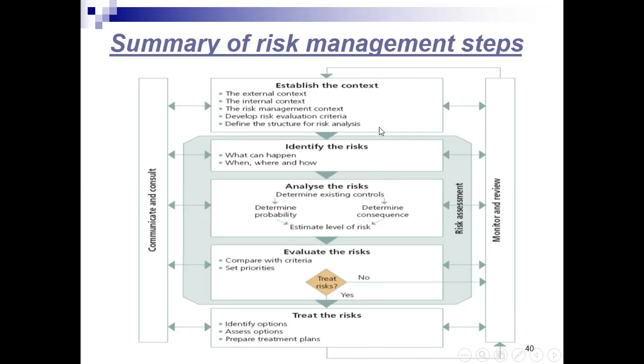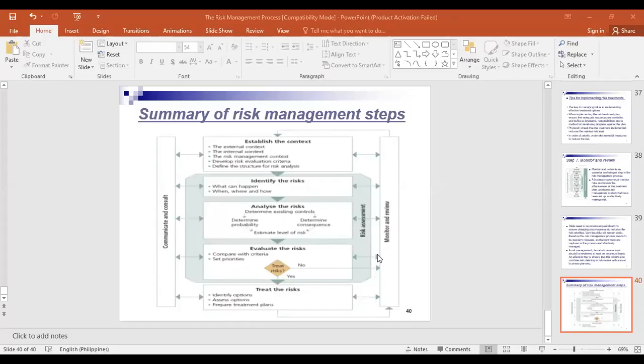So allow me to minimize this one so that we can see the particular diagram. All right, so let me go back to that. Okay, so here, after identifying and assessing options, we prepare also treatment plans. And finally, monitor and review.